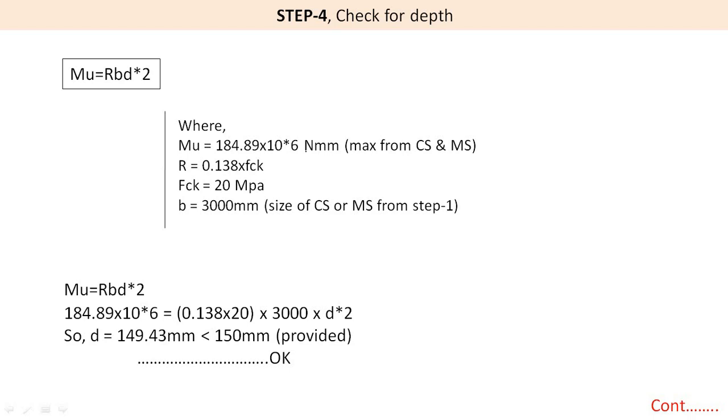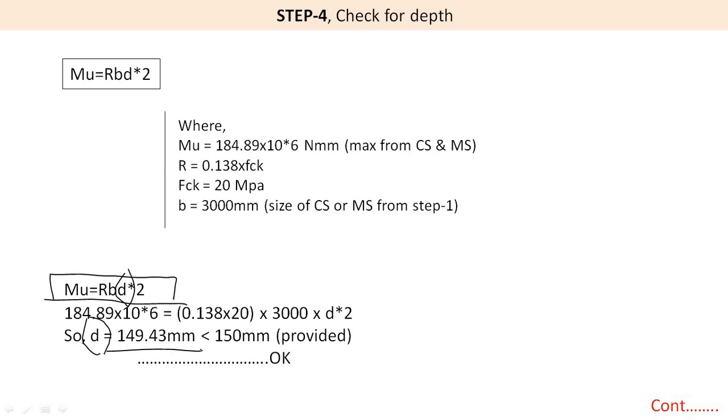Now we will use this formula, make d the subject, and find d, or we can say depth. By placing all these values into the formula and making d the subject, we have found d as 149.43 mm, which is less than 150 mm, which we have provided in step 1.